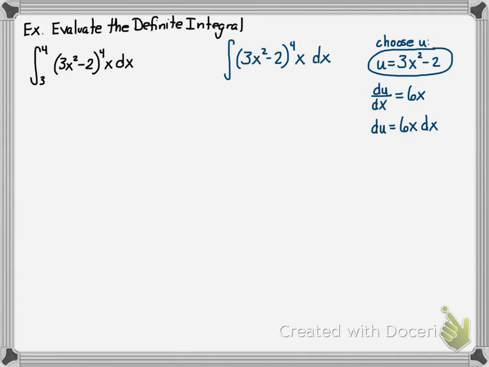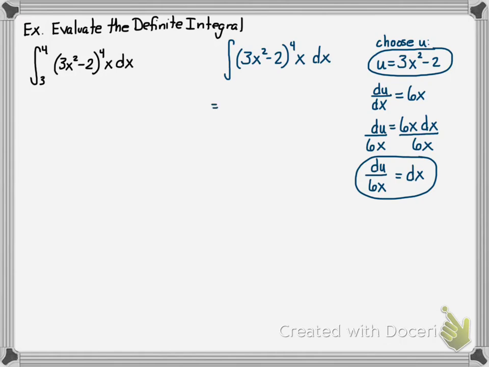Brings dx out of the denominator, and then I divide by 6x. And that's going to leave me with dx is equal to du over 6x, and that's important, so I'm going to circle it.